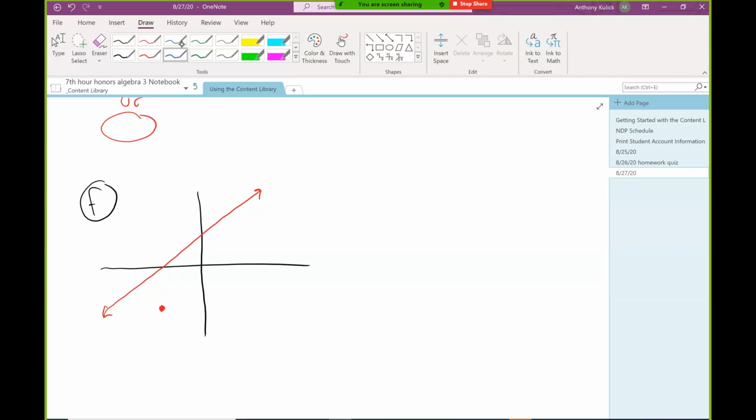Yes, sir. Not a function. Good. Why? What vertical line can I draw? Yeah, it has to be going through that dot, the extra point. And in fact, that's the only vertical line we can draw that would intersect the graph more than once. But there only has to be one line. Good. Who can tell me what the domain is going to be for this?